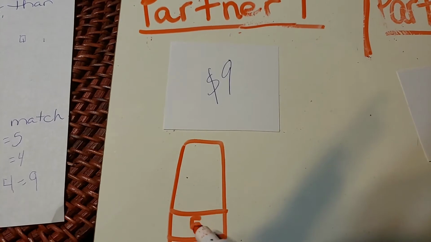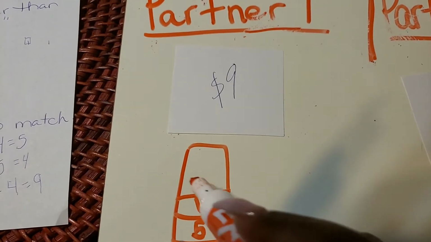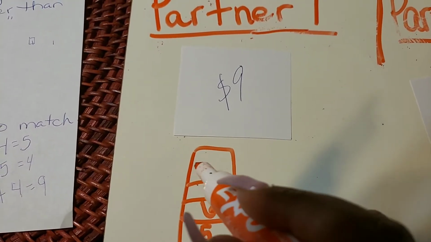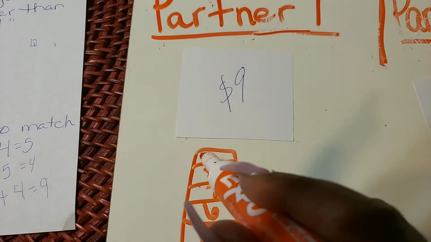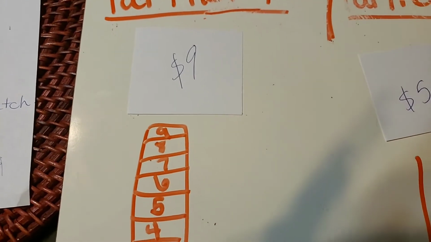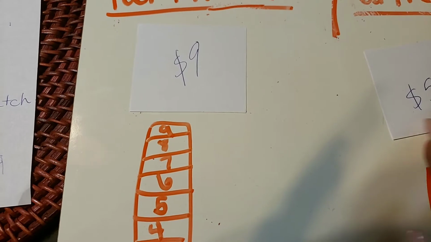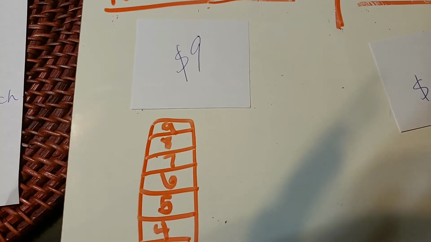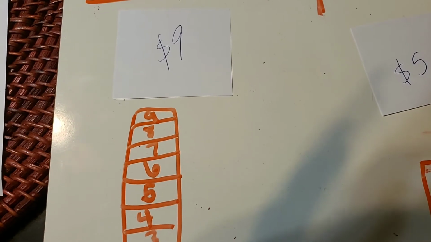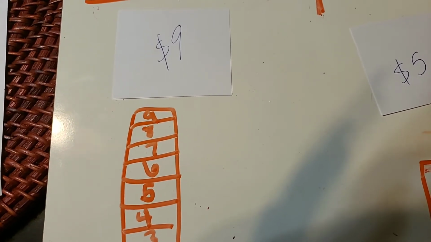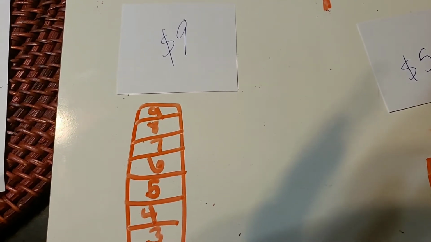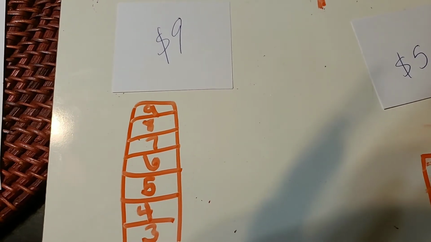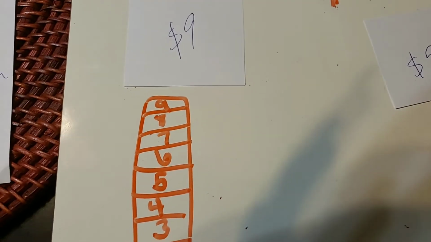Yes, label. 6, 7, 8, and 9. And then partner 2 tower is going to have 5. 1, 2, 3, 4, 5.